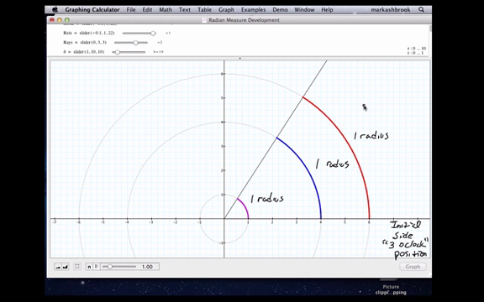Because it subtends 1 radius length, we call this angle 1, anybody know? Radian. That's what a radian is: the angle that subtends 1 radius length.